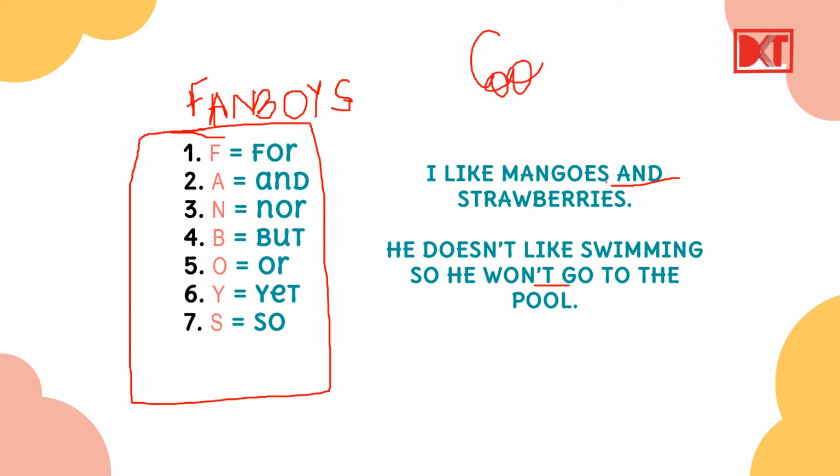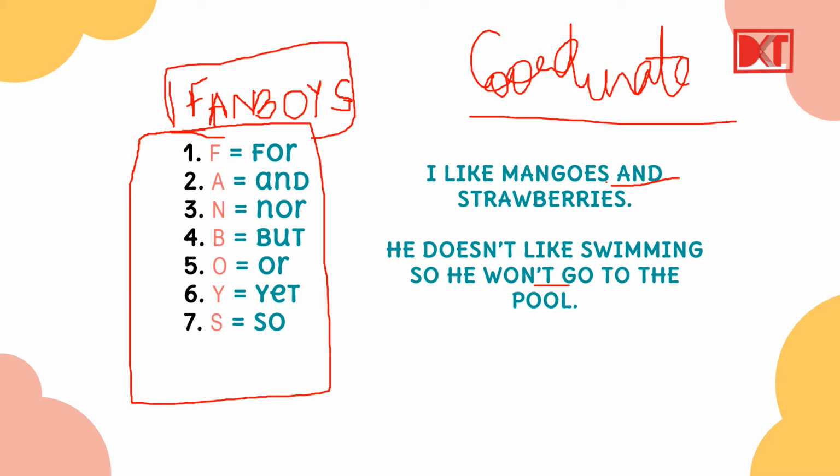Coordinating conjunctions का. क्या? Coordinate करना. Alright. So that's all for the coordinating conjunctions. And ये जो mnemonic है हमारा fanboys, you can use this to remember the names. Remember the various coordinating conjunctions.